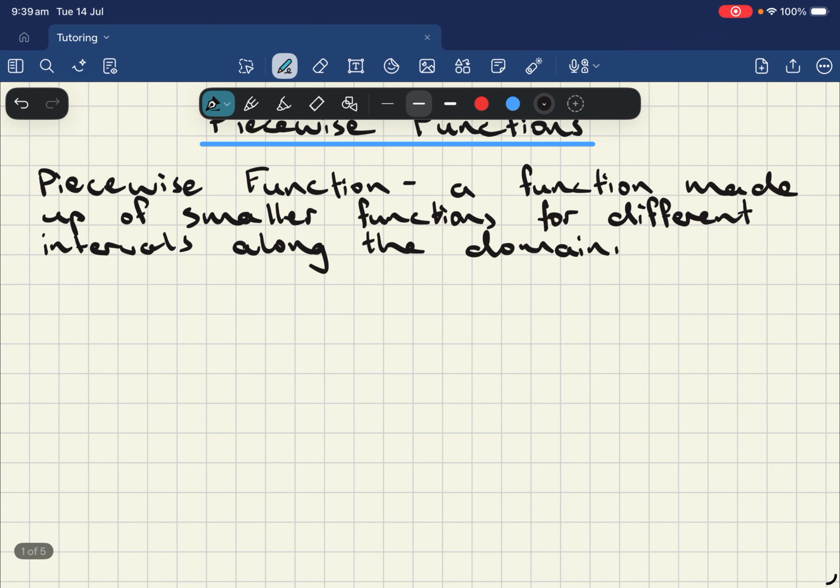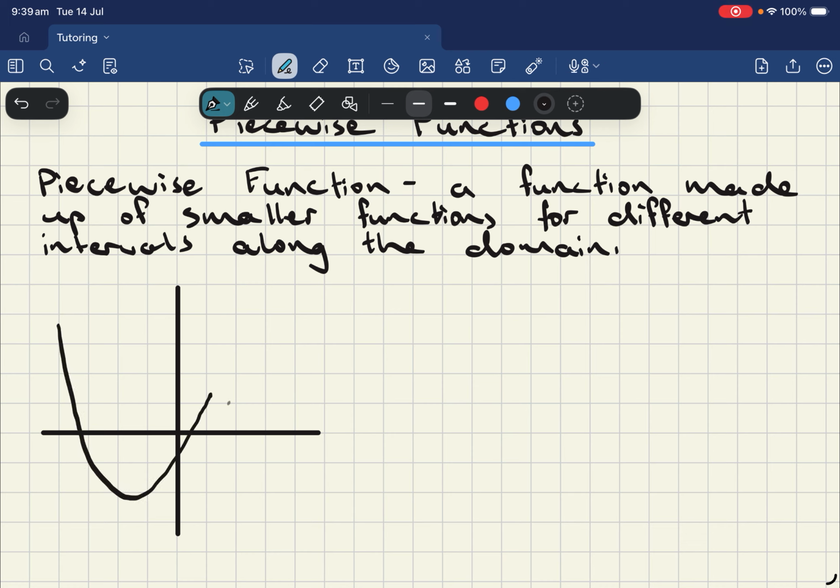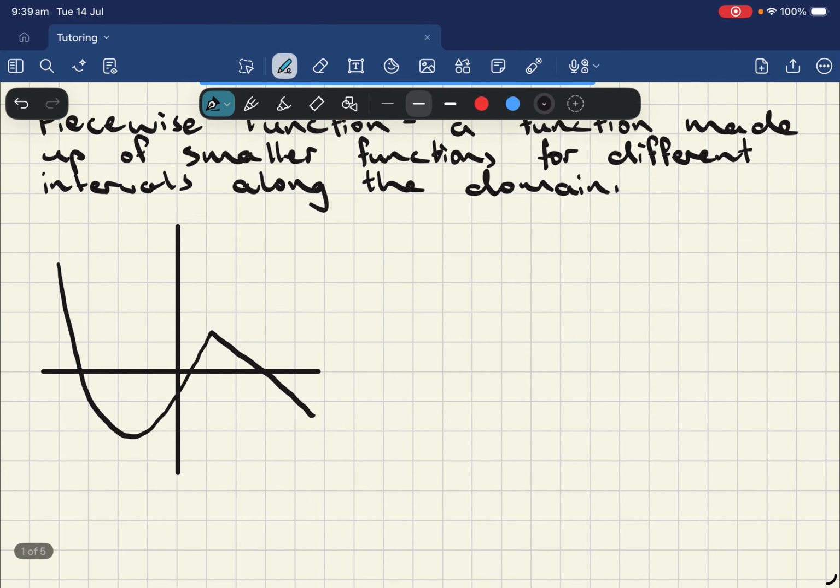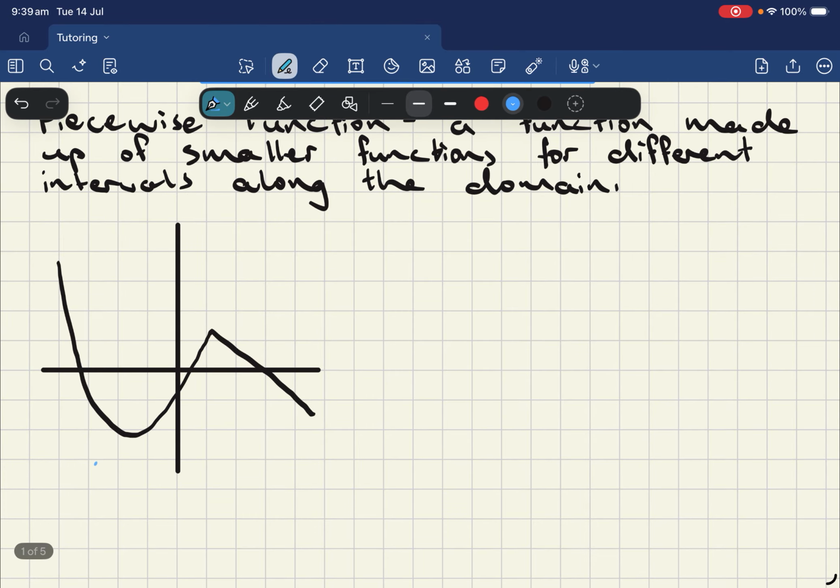So just a rough example of this could look something like a function where at a certain point over here, it's a quadratic, and then it becomes a linear function after that. We have basically two smaller functions.